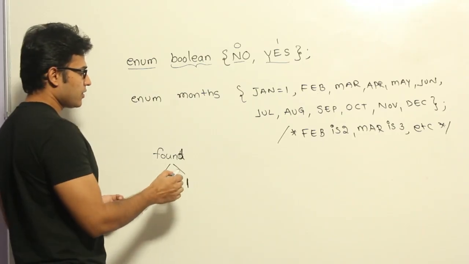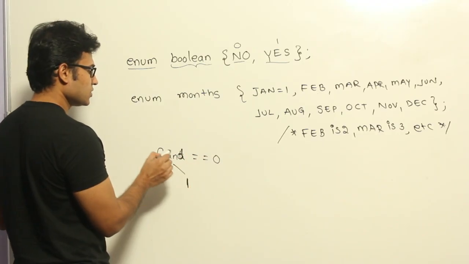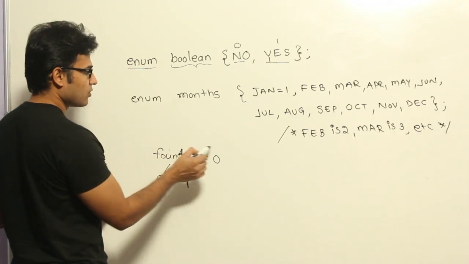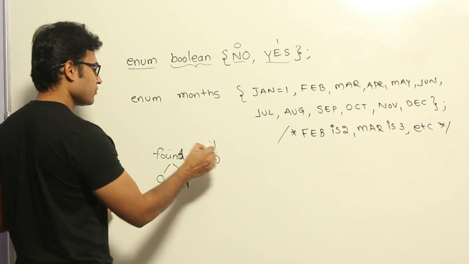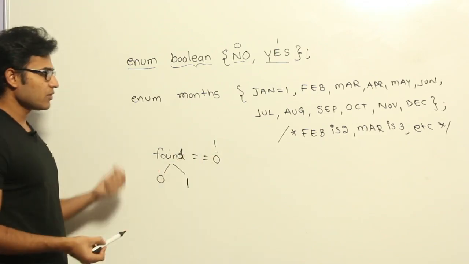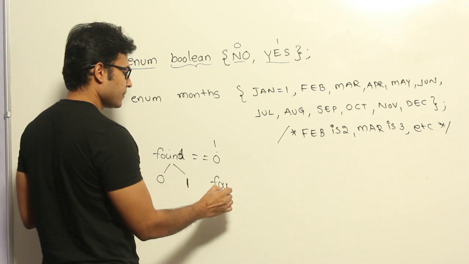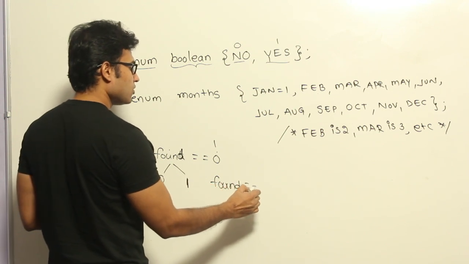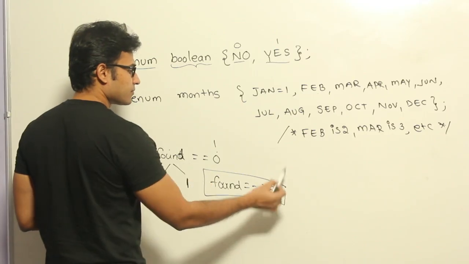Now if you are trying to compare the value like this, found equal to 0, which means you are trying to compare the value found with 0 directly, or if you are trying to compare the value with 1, which means found equal to 1, instead of writing like this, if you could have written it this way, let us say found is equal to yes, which means this is more readable, isn't it?